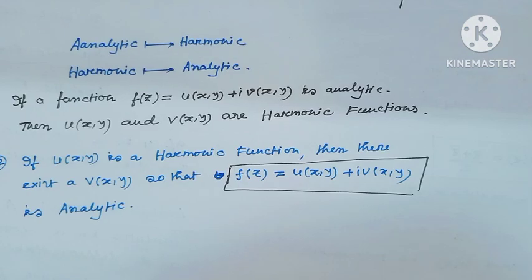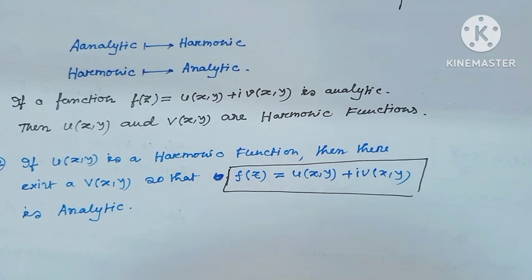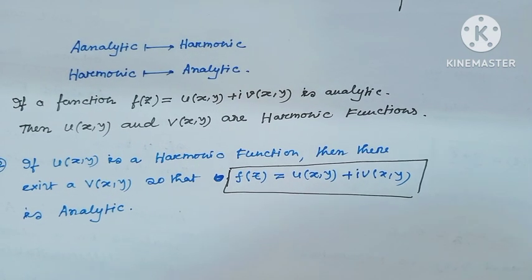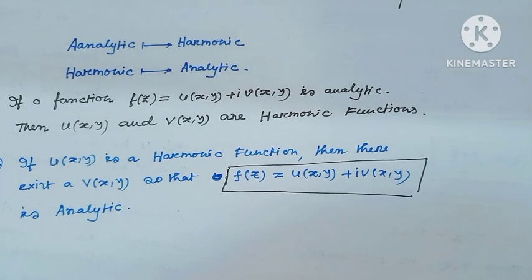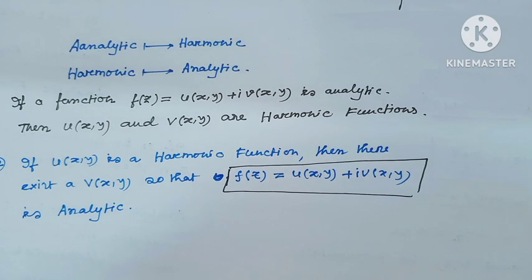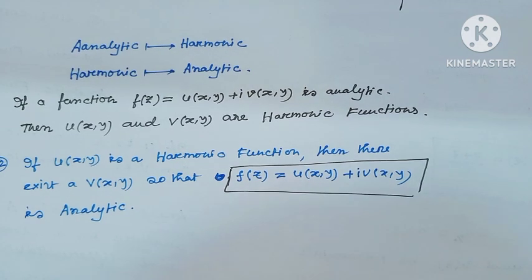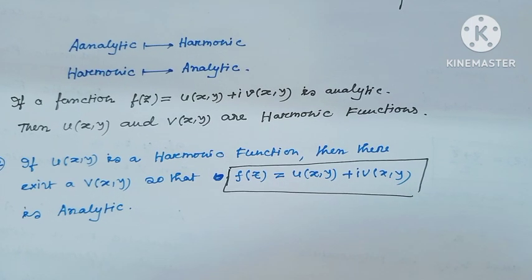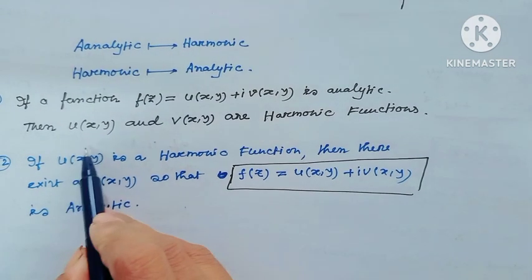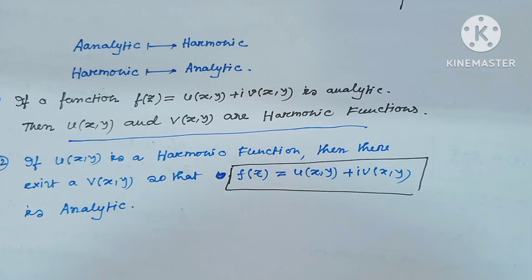Well. Now I will see tonight's theorem, the relation between analytic function and harmonic function. Analytic always implies harmonic, and harmonic always implies analytic. The theorem is: first, if a function f(z) = u(x,y) + i v(x,y) is analytic, then obviously u(x,y) and v(x,y) are harmonic functions.